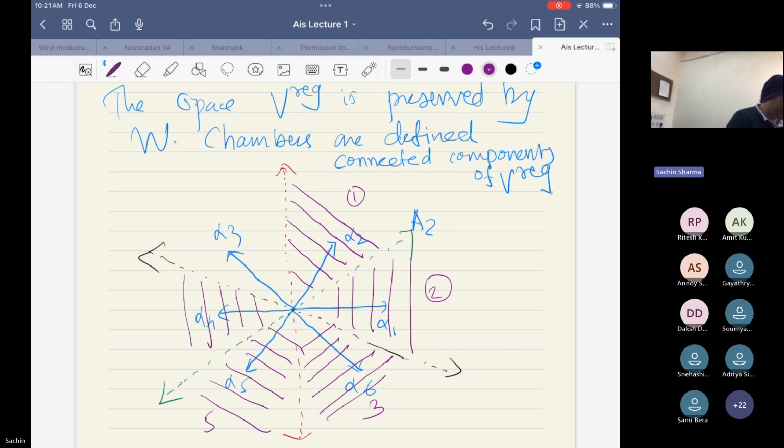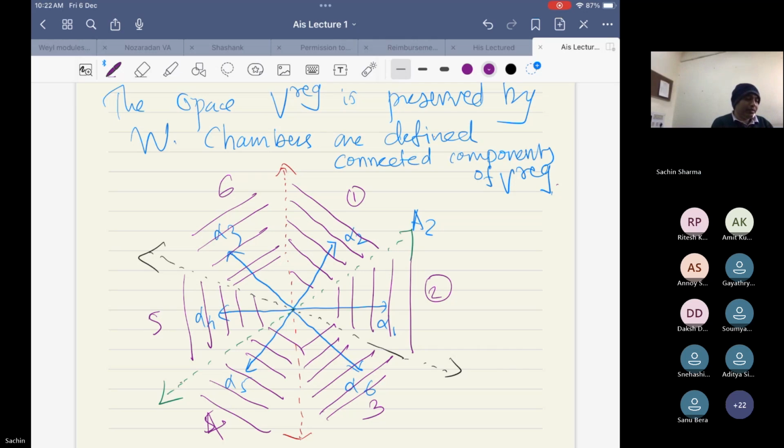I'm numbering just arbitrarily, so don't worry about 3, 4, 5. These are called chambers. Just to give you the picture, we are working in SL3, and these are the chambers. How many chambers are there? There are 6 chambers. They are the connected components of V regular.